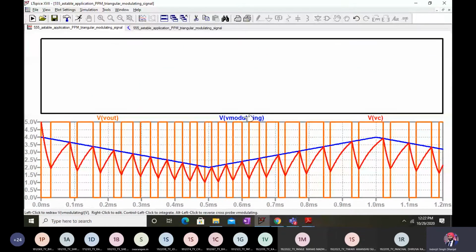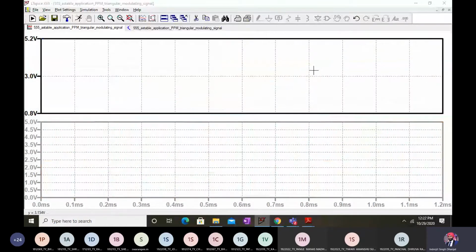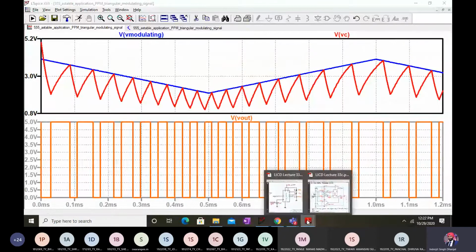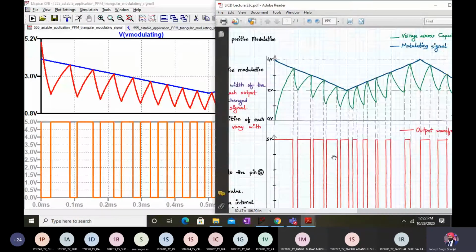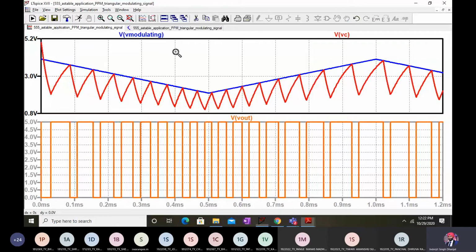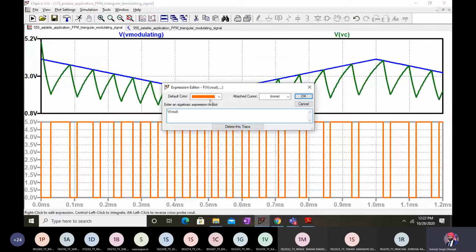I think that will be difficult to view in one waveform, that is why I am separating it out. Let me see what color I have used in the output waveform. Blue, green, red. Okay, fine. I have to use green color here, and here I will use the red color.